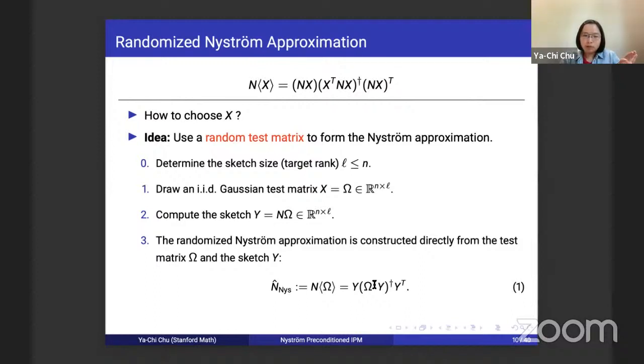So let's say N is the sum of some matrices H1 plus H2 plus H3, and each time only Hi is revealed. And then at every moment, you need to disregard the previous H. In that setting, we call it a streaming setting.